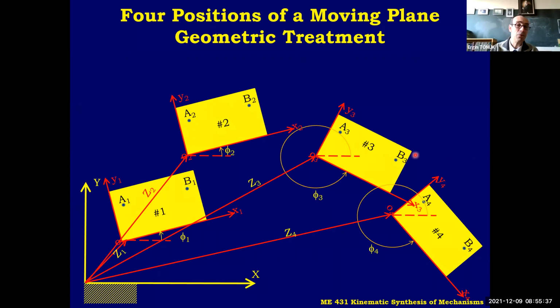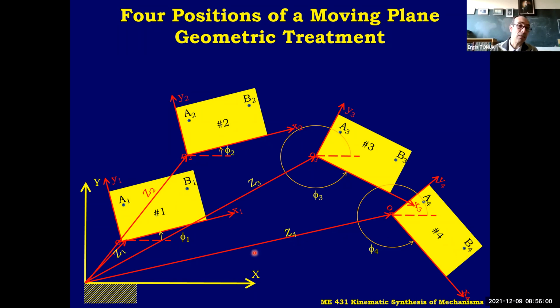So you have 1, 2, 3, 4 positions of a plane, which can be represented either by 2 points like A1, B1 in position number 1. So when you move it to 2, it becomes A2, B2. In 3, A3, B3. In 4, A4, B4.